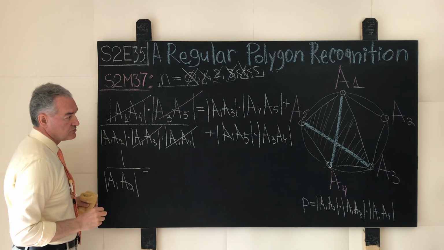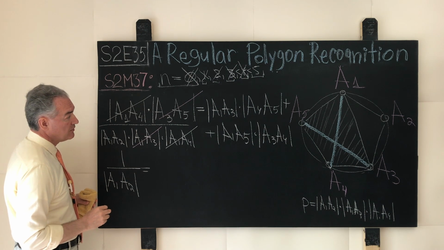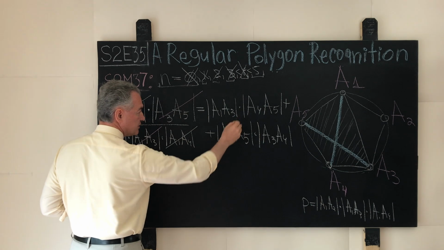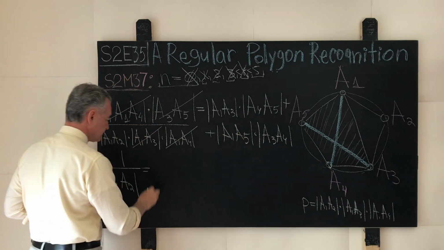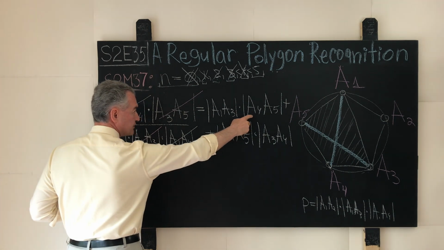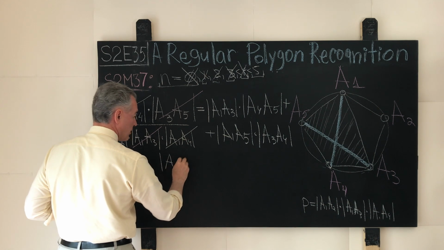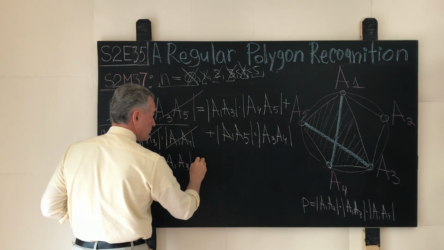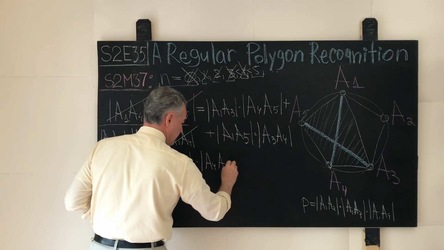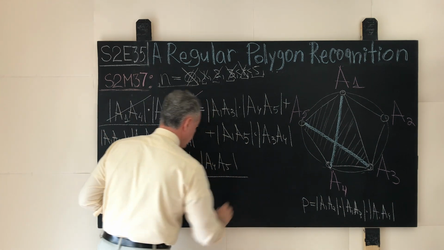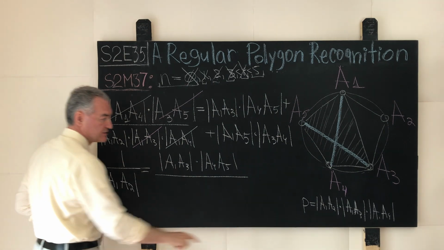Now let me erase a little bit of the material, make some room for the manipulation with this guy and with this guy. Actually, you know what, we can do it over here. Let's work on this summand right here. In the numerator, we'll have the distance from A1 to A3 times the distance from A4 to A5 over, remember we're dividing this Ptolemy's equality through by the same product.